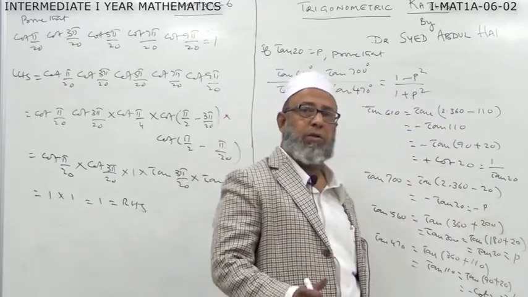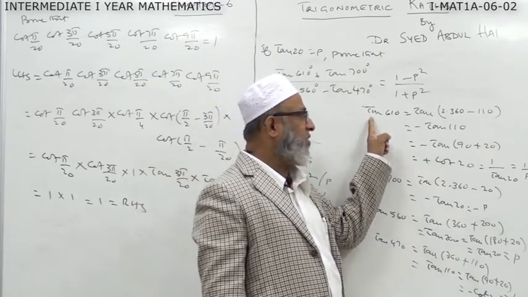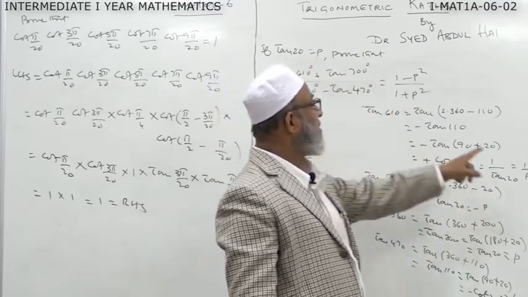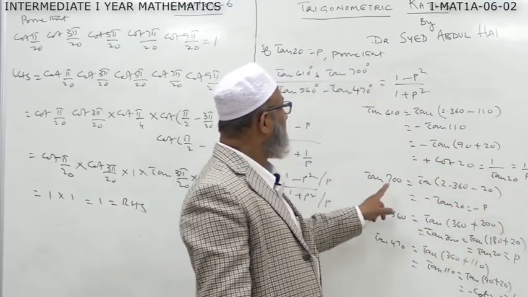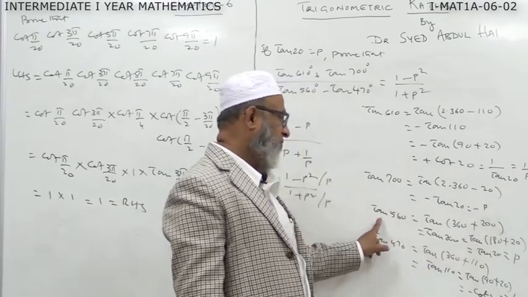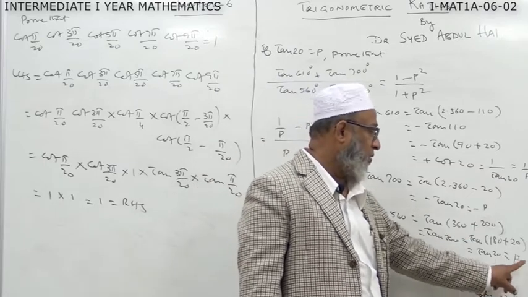Is it clear? So what I have done is calculate the values. Tan 20 is equal to P, therefore tan 610 is 1 by P. Tan 700 is minus P. Tan 560 is equal to P, as it is.